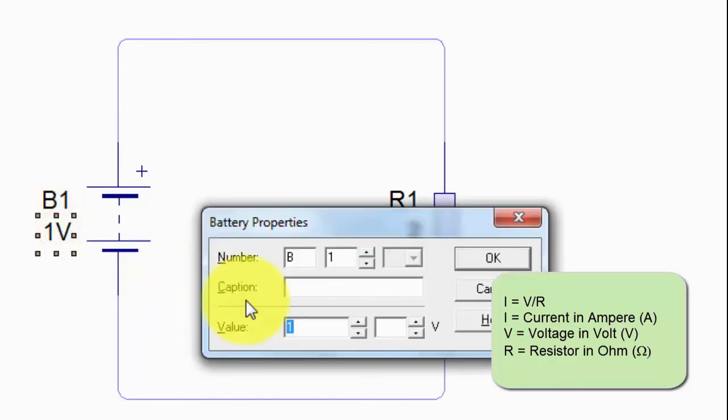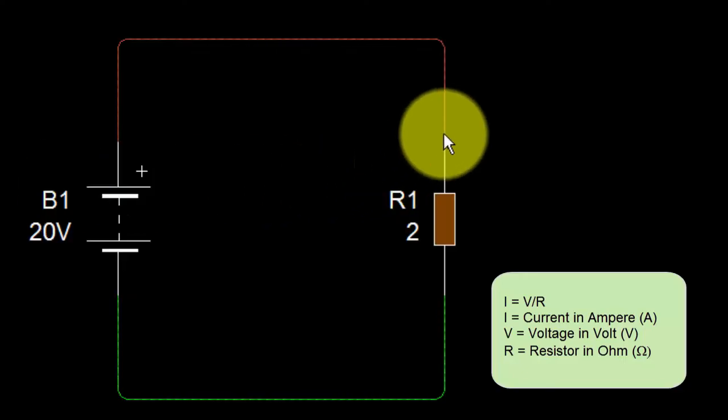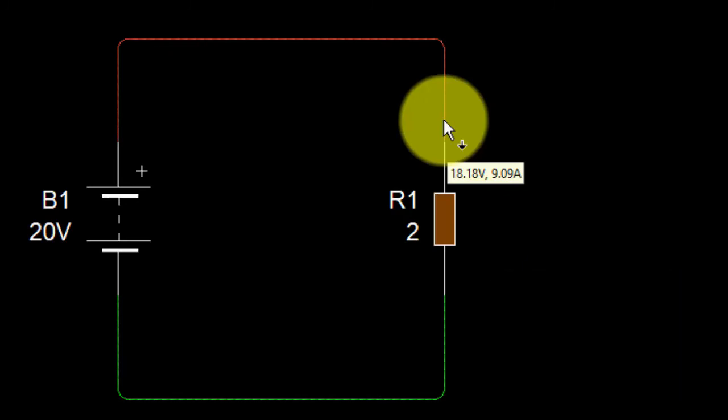What if the voltage is changed to 20 volts? Now the current is changing to near 10 amperes.